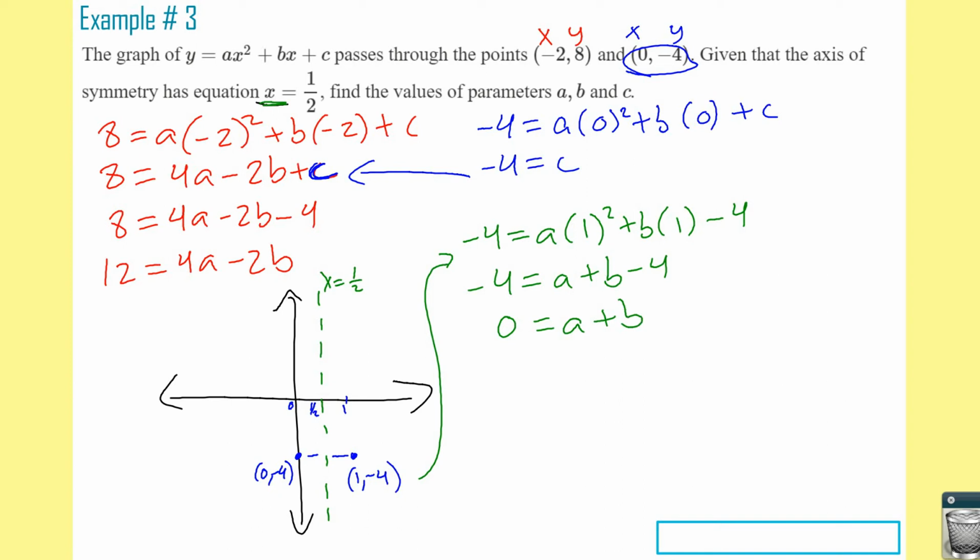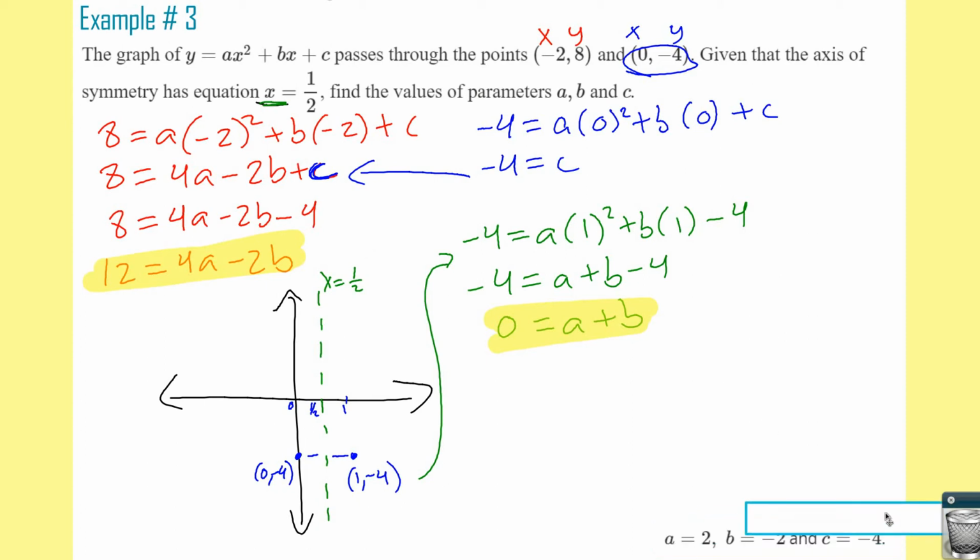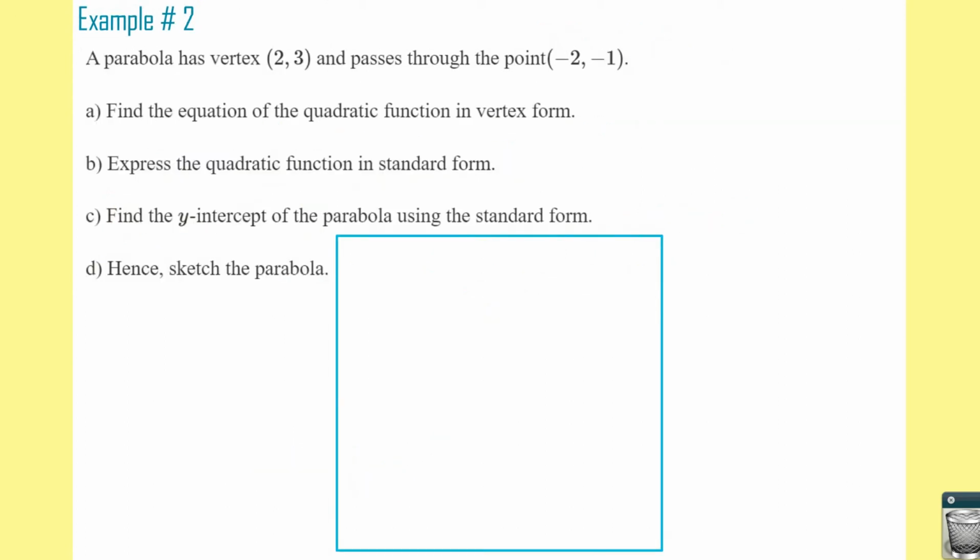Now I've got two equations with two variables. So you use your poly simulation app and you get 2 for a, -2 for b, and we already know c is -4.